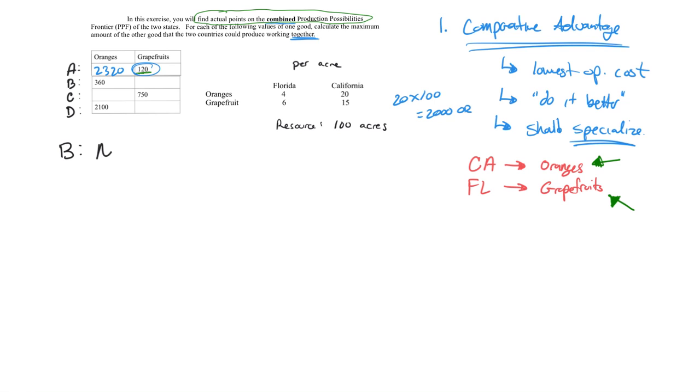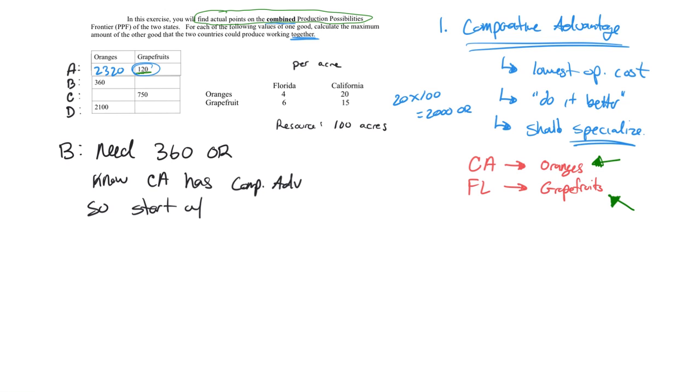All right, let's look at part B. Well, we need 360 oranges. We know for oranges, California has the comparative advantage. So start with California. We can do our ratios again.